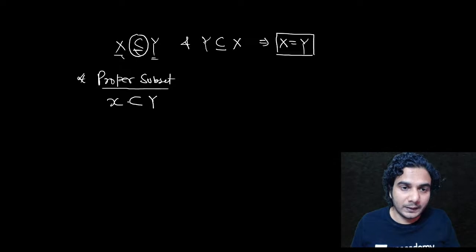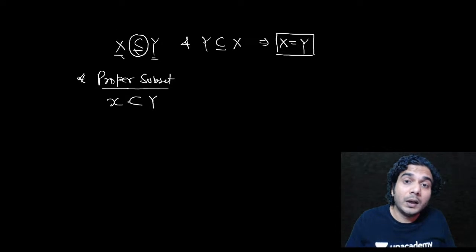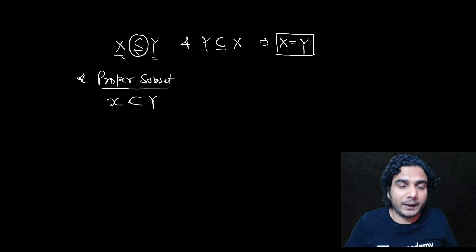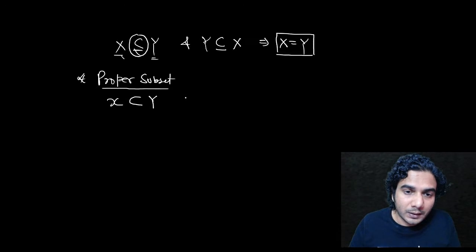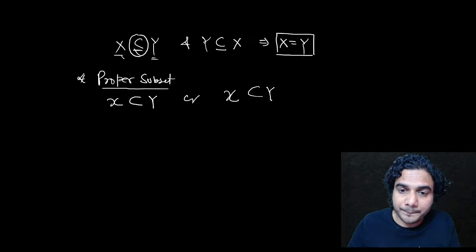Like if Y has 10 elements, then X can have 9 elements, 8 elements, 7 elements of Y, X can have 0 elements of Y. 0 means no element. But X cannot have all the elements of Y. X cannot be equal to Y. Another way of writing this is: X is a subset of Y, and not equal to.